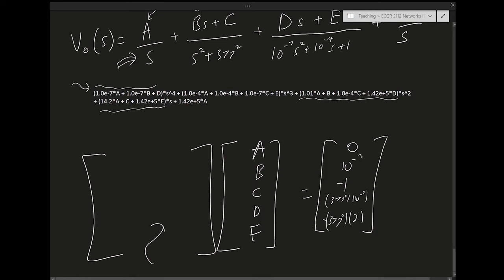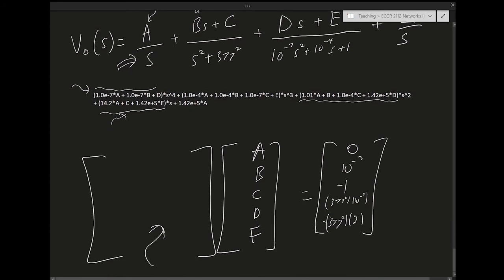We fill in the numbers from this, and it's just a matter of inverting this matrix to find all the constants A, B, C, D, and E.